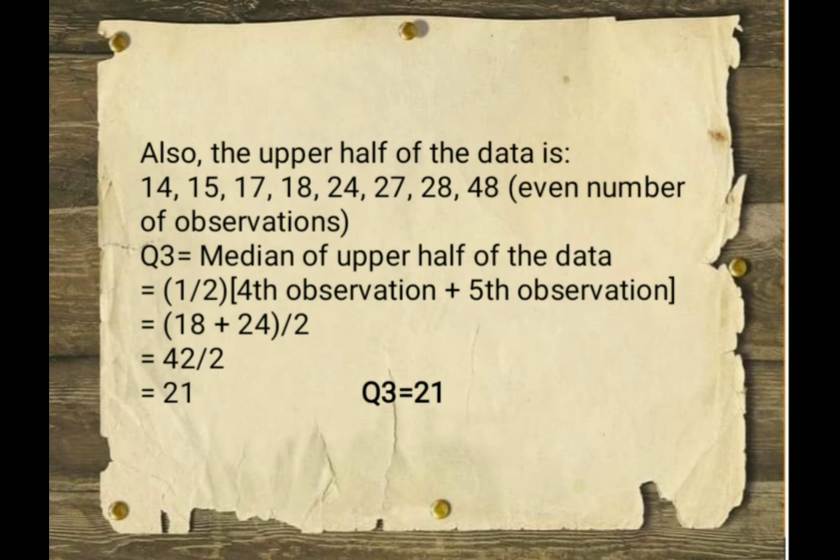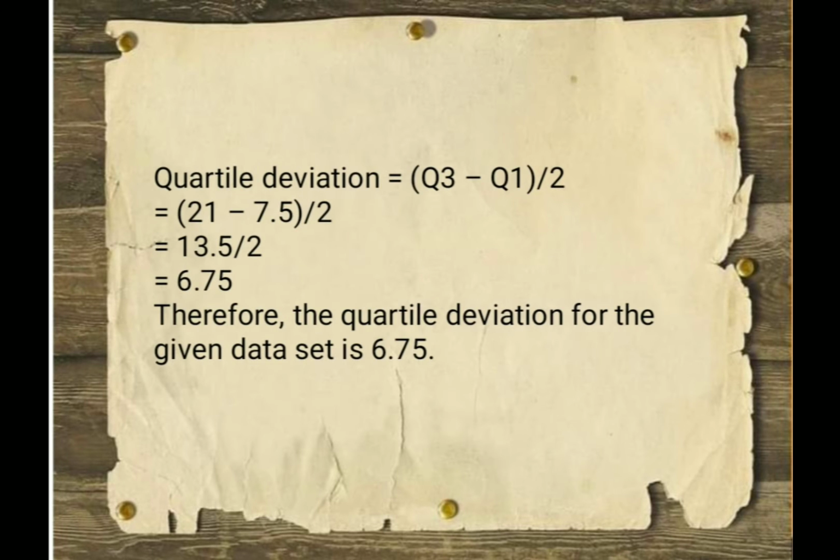Also, the upper half of the data is 14, 15, 17, 18, 24, 27, 28, 48. For our Q3, just like what we did for Q1 and Q2, we follow the formulas to find Q3. So, Q3 is equal to 21.